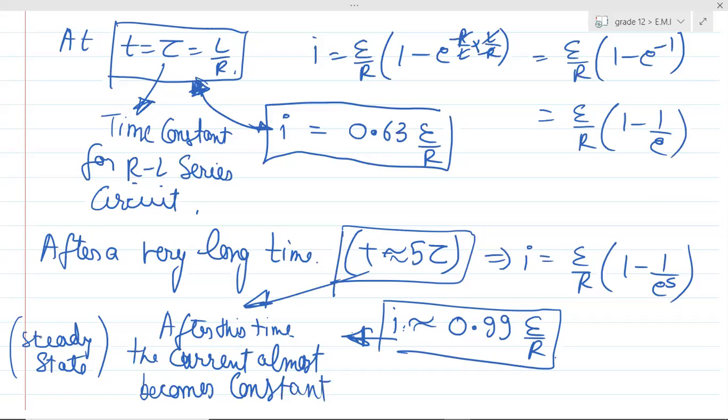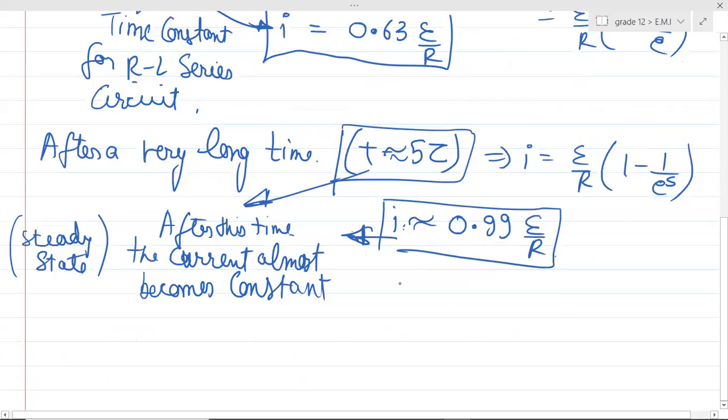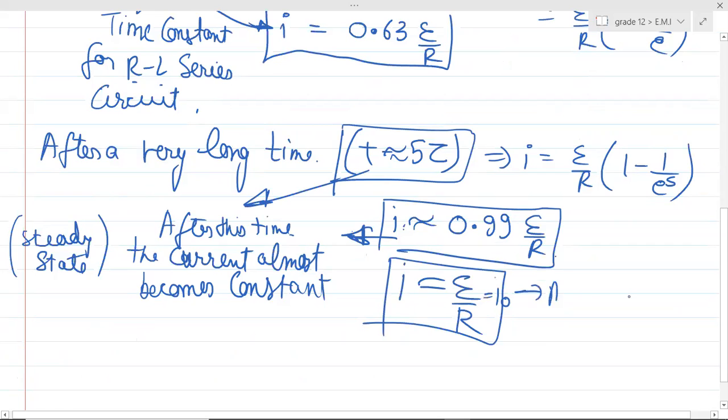Okay, is this clear, guys? Please remember, at steady state, the current will be approximated to E by R. We'll say that it is the maximum current at steady state.